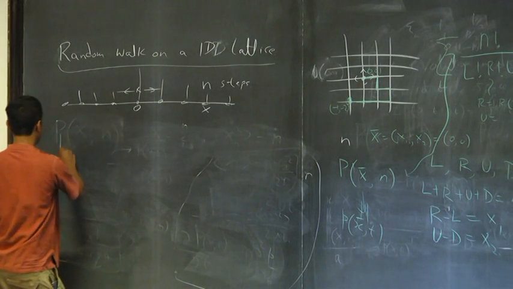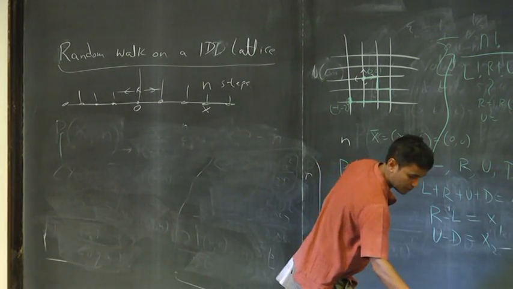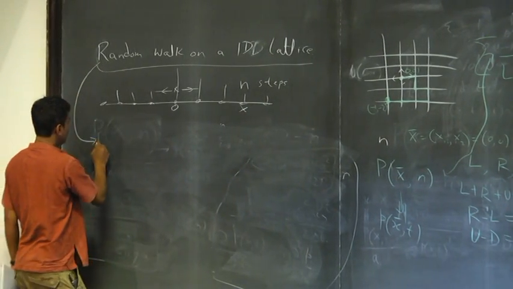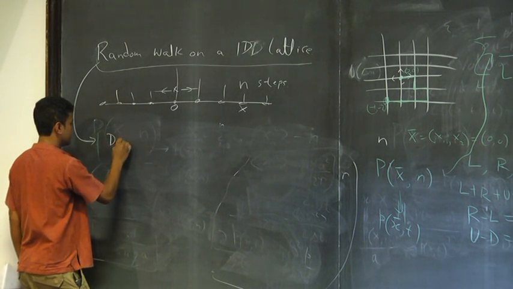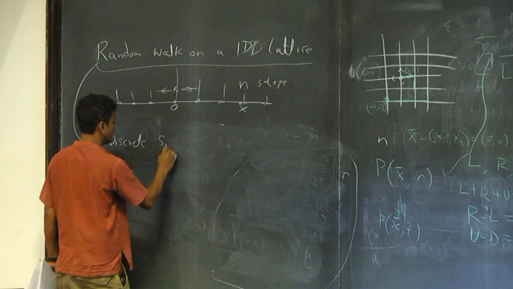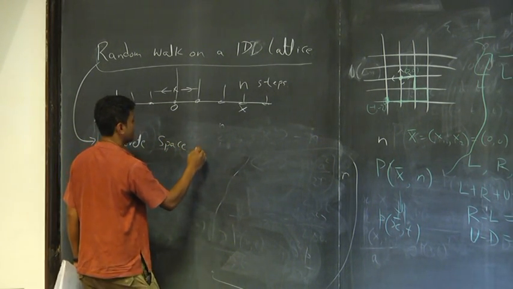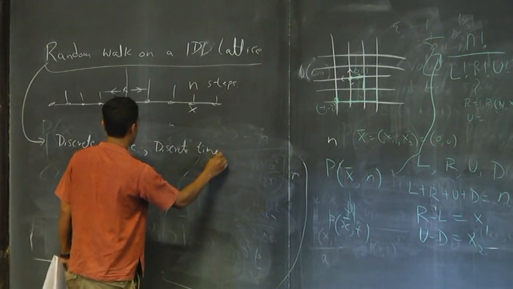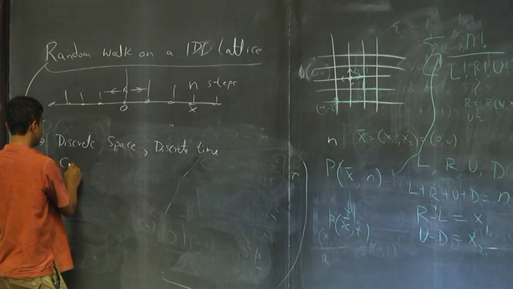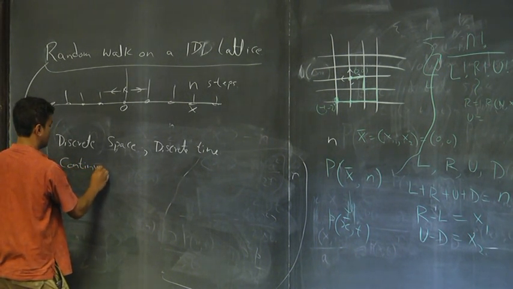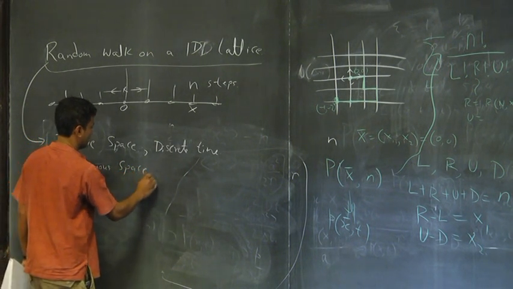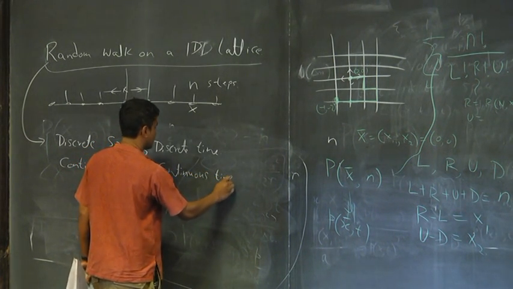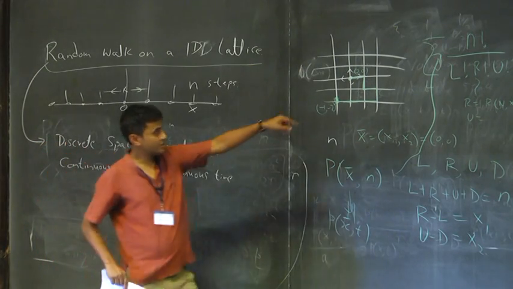So what I am saying is, you can look at a random walk either in discrete space and discrete time, or in continuous space and continuous time, which is basically what that description is.